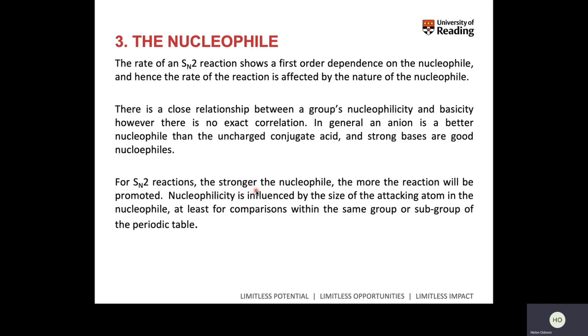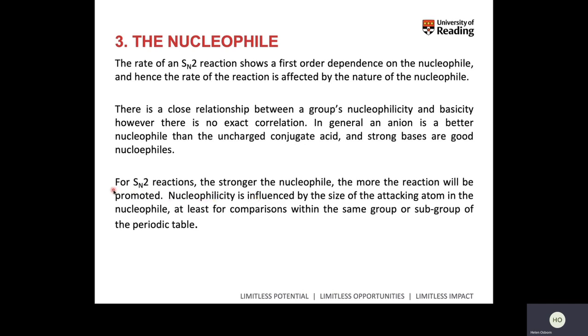So in terms of what makes a strong nucleophile, what makes a good nucleophile, nucleophilicity is influenced by the size of the attacking atom in the nucleophile. If we look at the same group in the periodic table, that's because as you go down the periodic table and the atom becomes larger, the electrons which we're trying to use in that bond forming process are further away from the nucleus, so they're more available for donation.